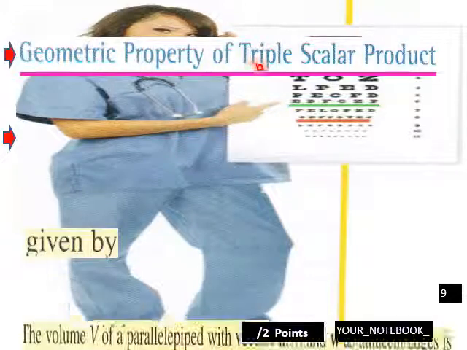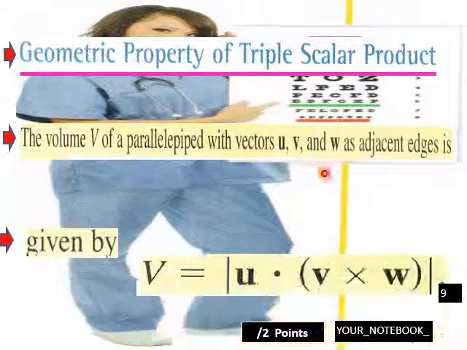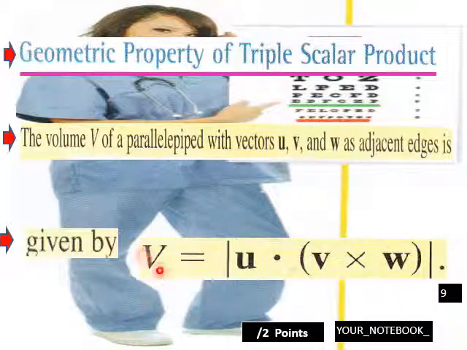Geometric property of a triple scalar product: the volume V of a parallelepiped with vectors u, v, and w as adjacent edges is given by V equals the absolute value of u times quantity v times w.